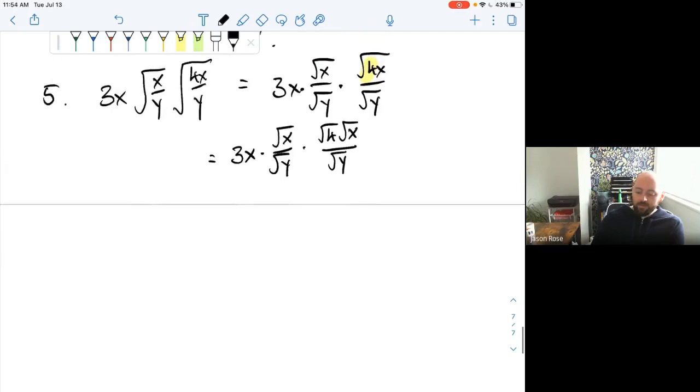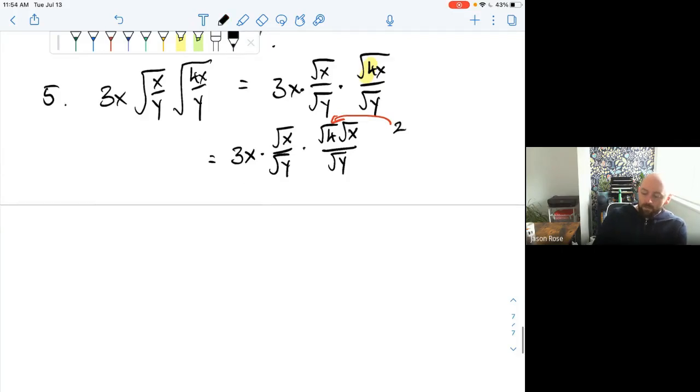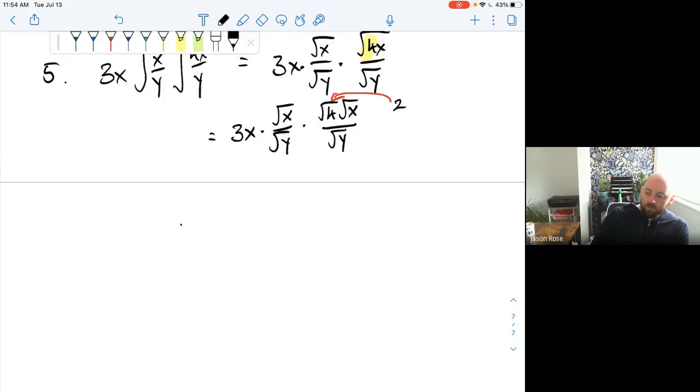Now the reason I wanted to do this is because this square root of 4 here is 2. So I'm going to take the square root of 4 and say that that's 2 and bring that 2 to the front and multiply it by the 3. So I'm going to have 6x times root x over root y times root x over root y.